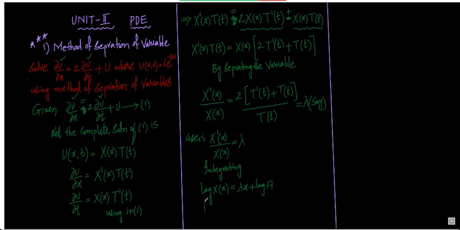Look at log of x is equal to, here nothing is there, which means we can assume lambda x into 1 is there. That 1 can be written as log e, plus log a. Nothing is there means I am assuming 1 is there, and that 1 value I am writing as log e.